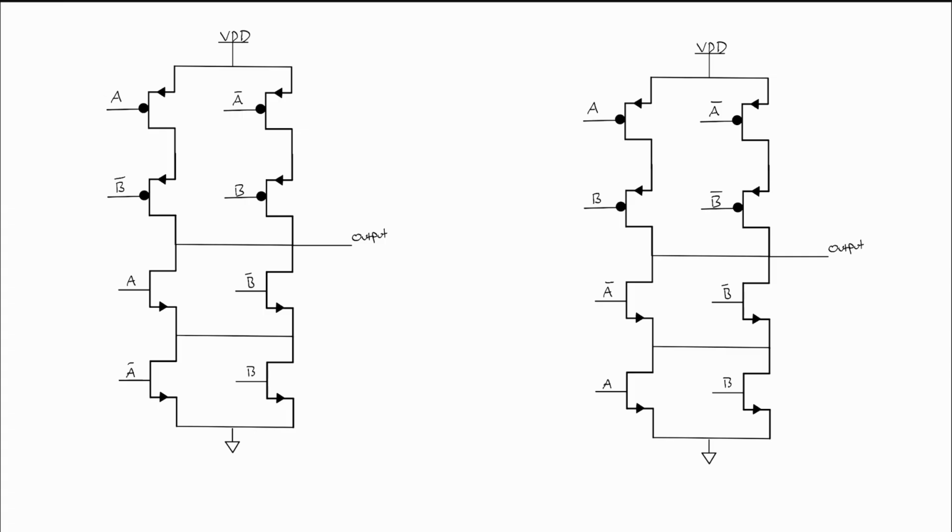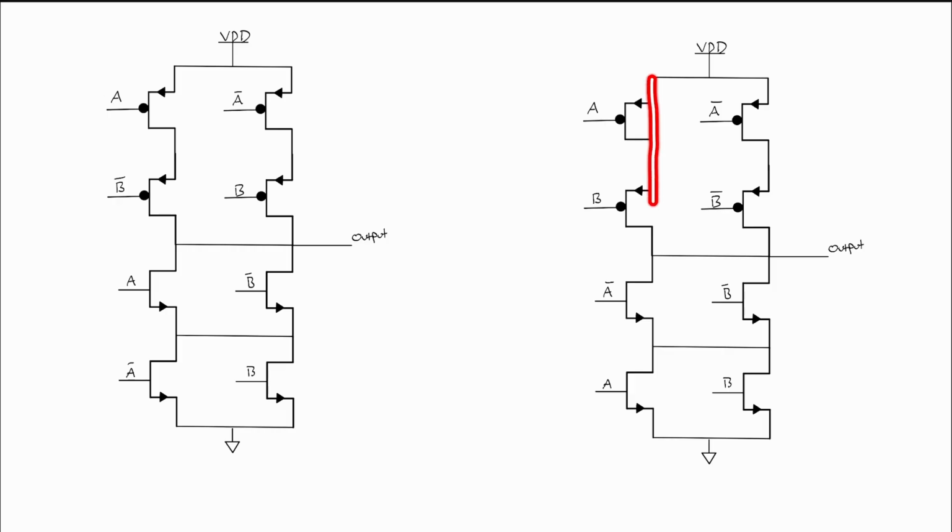And now you could tie an inverter to the output of a XOR gate, but in the interest of minimizing the amount of transistors, you could design an XNOR in a fashion like I've done on the right-hand side of the screen.